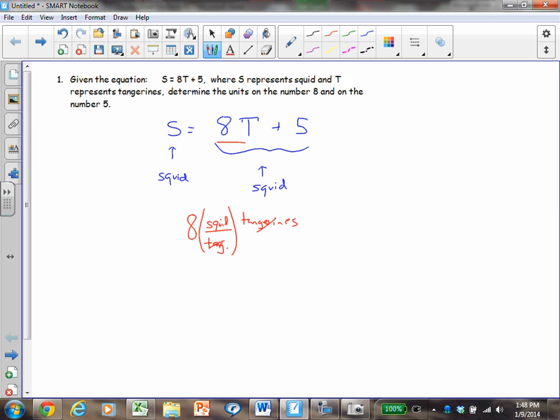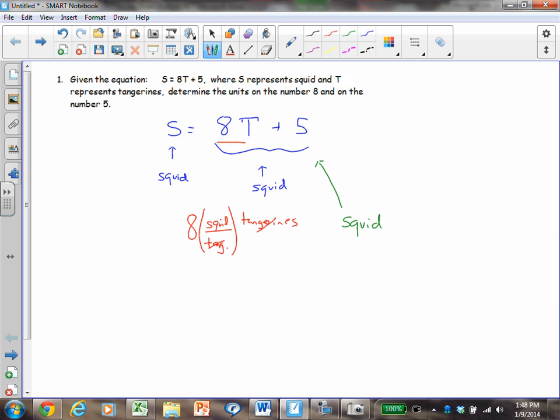Now, this one over here, we're not plugging in anything into it. So the units on the 5 must just be squid. So this will give you squid, because the tangerines will cancel. And then this will give you squid, and we need squid on both sides.